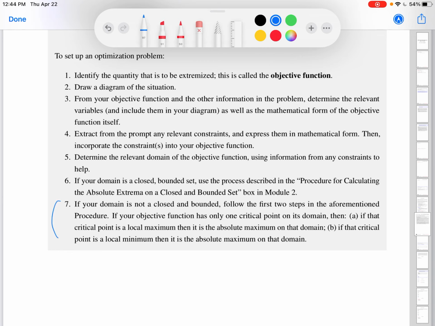So this is where you have some options. In most cases, especially in a course setting where we're trying to teach you this for the first time, when the domain is not closed and bounded, there will only end up being one critical point. That would be very useful, because in that case, if that critical point is a local maximum, then it's an absolute maximum.